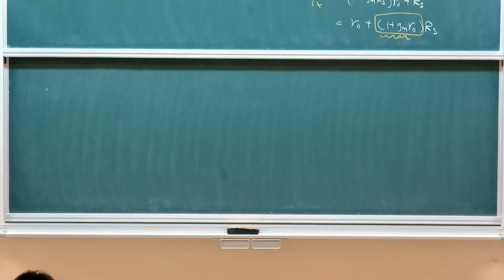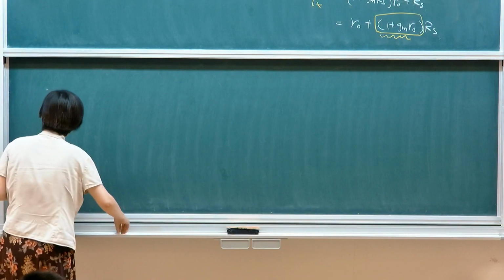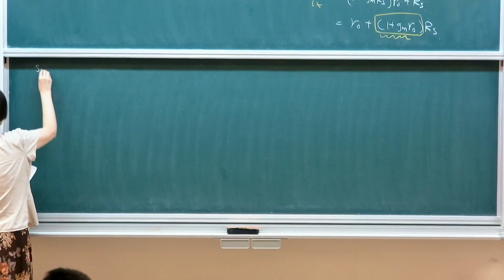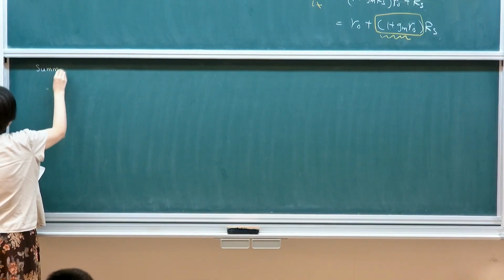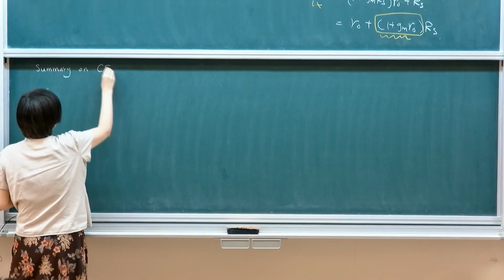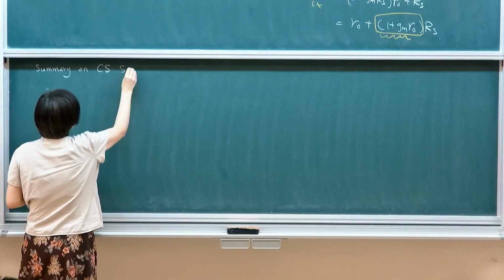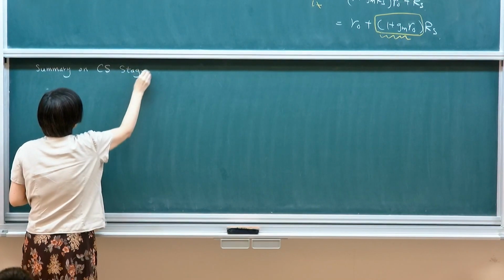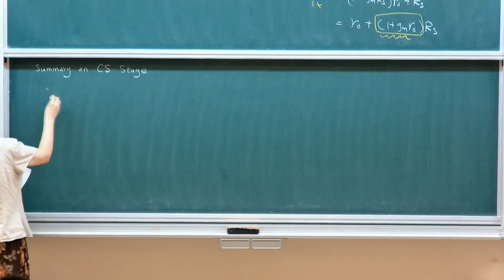So let me make a small conclusion on degeneration. Anytime you have degeneration, let's do a summary. A little summary on the common source stage. For a single common source stage, it's basically two structures.